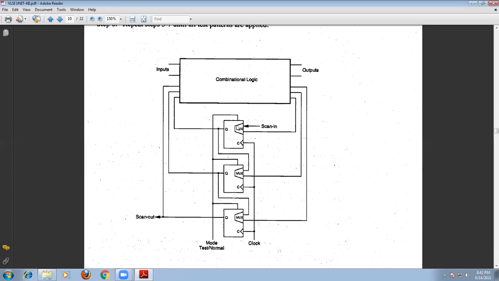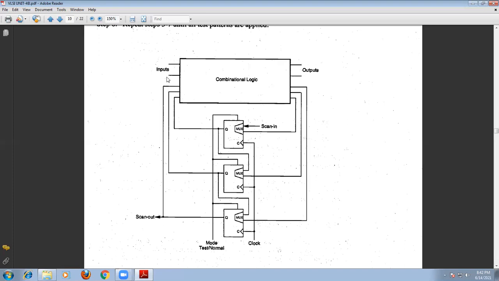In the test mode, the scan signal is entered into the scan path, that is, into the shift register, and the output of the last stage is scanned out.